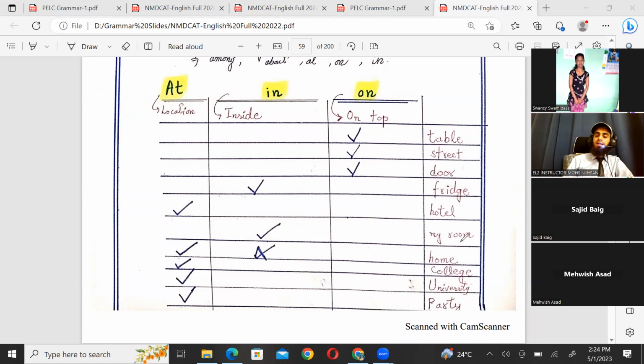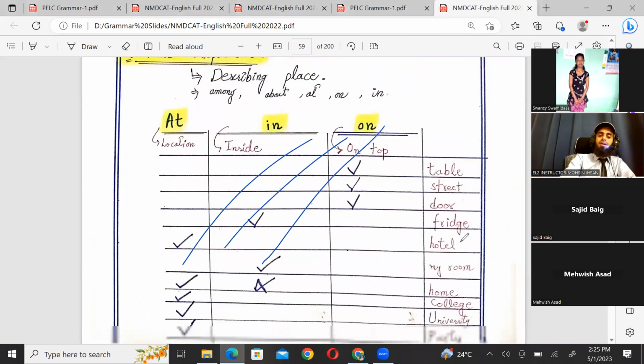That I am on the table or I am at the table? I'm at the table, yes, good. I'm at the table, because I am near to the table.